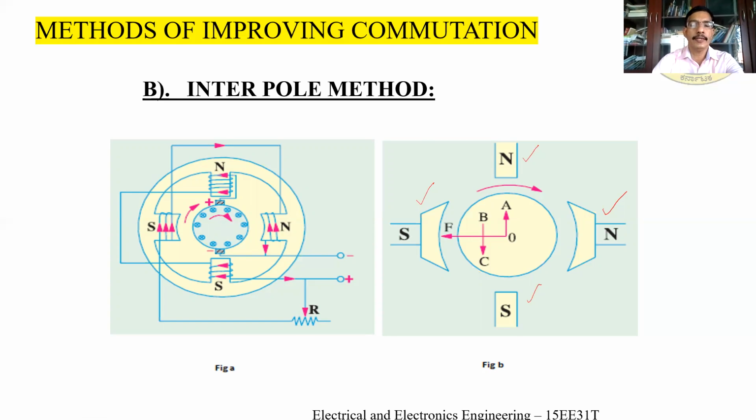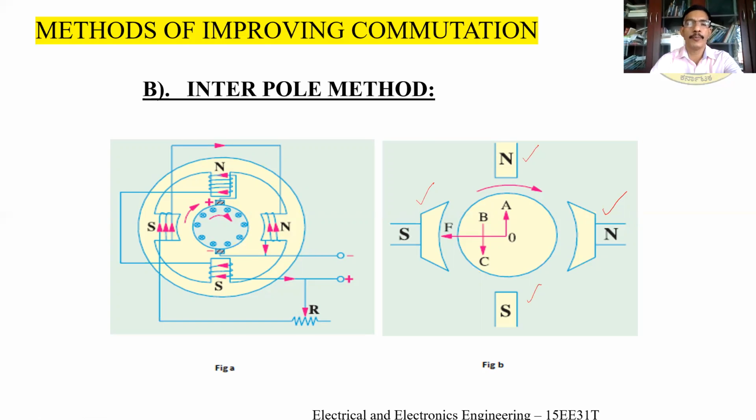The polarity of the interpole is in such a way that, here the main field pole ahead of this is a north pole, so the interpole polarity is north. Similarly, here the main pole polarity is south, so the interpole is south.